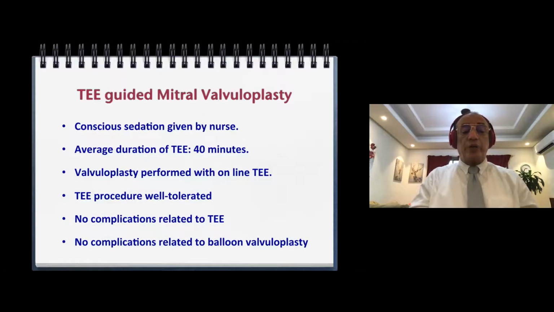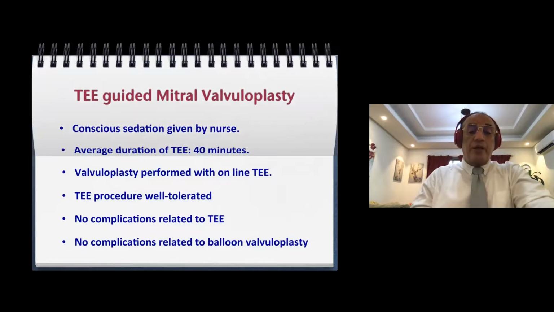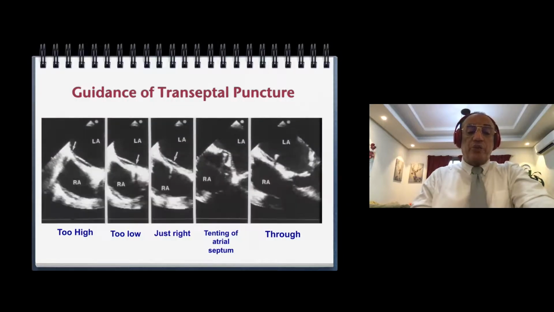So can we do this procedure by echo? Yes, we can do it by echo, and we did some cases transesophageal guided, especially in the pregnant lady, and we don't like to expose the baby in a pregnant lady during the balloon valvuloplasty to radiation. And these are the steps.